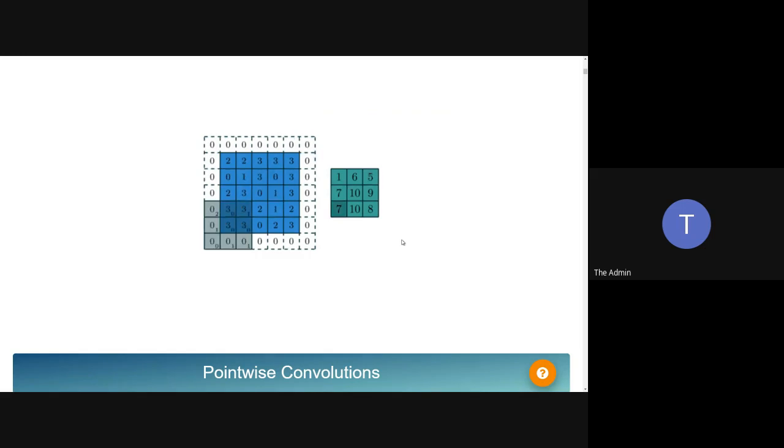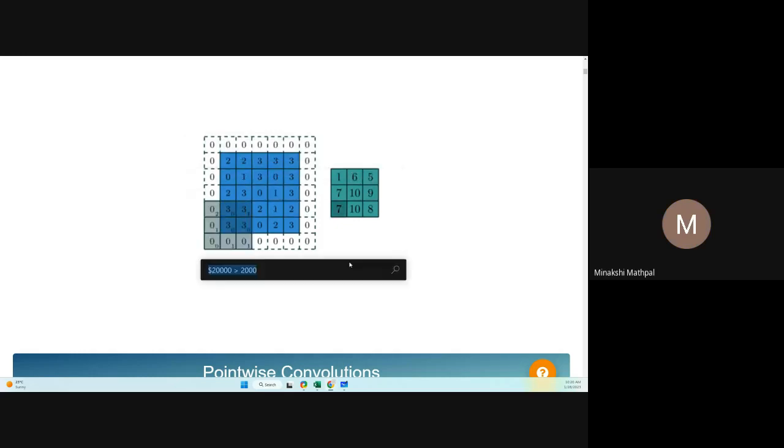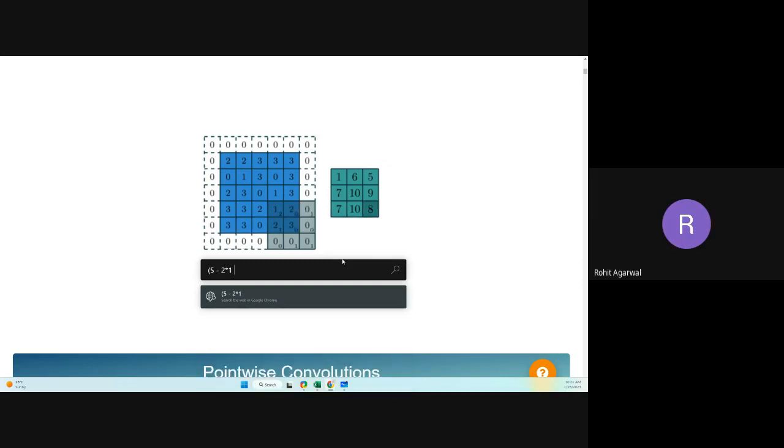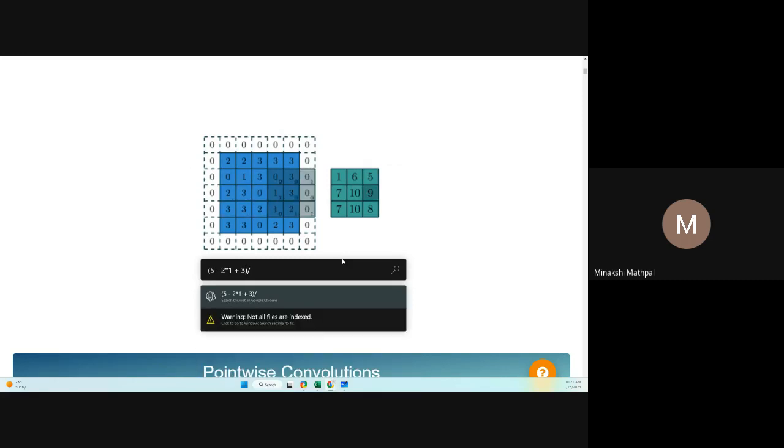Now here, what is the size of padding? 1. What is the stride? 2. What is the formula for calculating the output? Input size, which is 5, plus 2 times padding, which is 2 into 1, minus kernel size, divided by stride, plus 1.